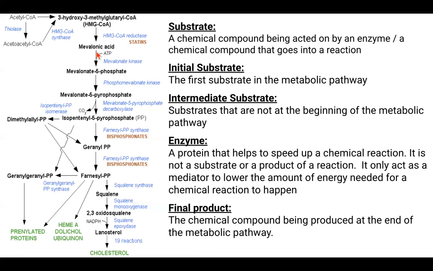You need it to happen immediately within seconds. And so you'll need an assistant, which is the enzyme, to help speed up that process. And in a metabolic pathway, enzymes are written right next to an arrow, meaning that that is a reaction this particular enzyme is assisting. Enzymes are very specialized in their chemical reactions. They can only be used for speeding up one particular type of chemical reaction.